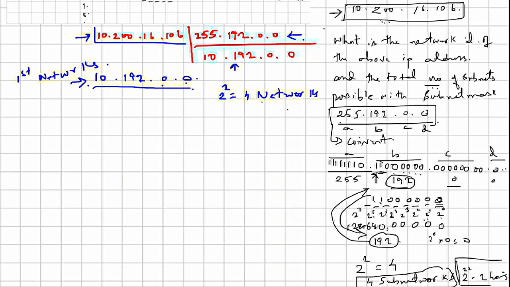See here, we take 255.192.0.0 and 10.192.0.0. Keep the 10 as it is, don't change anything here. Write 192 here, converting it into binary format.